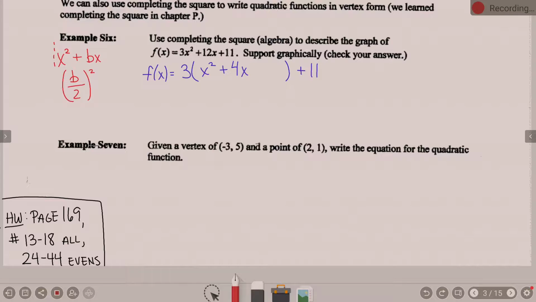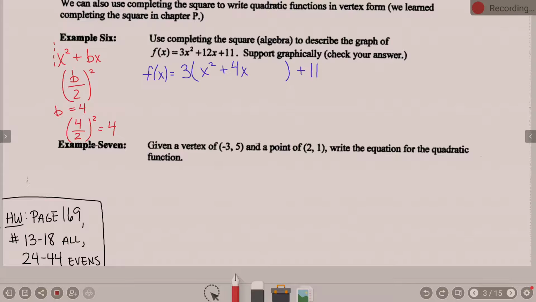Okay, so you're going after you get that 3 factored out. So if my b is 4, that means we're doing what? 4 divided by 2, and then square that, we end up with 4.